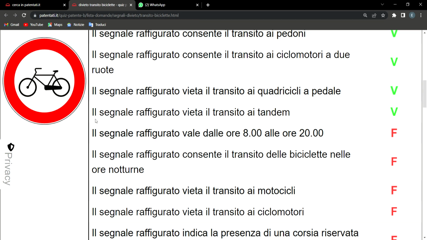Another one again, it says il segnale raffigurato vieta il transito ai tandem. So it says that this very sign forbids the transit of tandem. Tandem is a bicycle that consists of two axes for driving it.